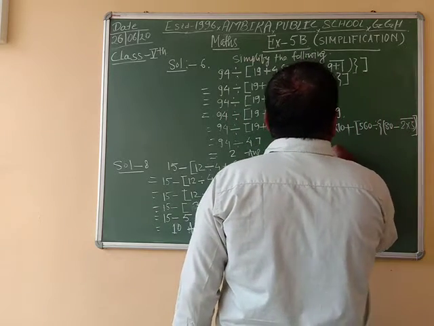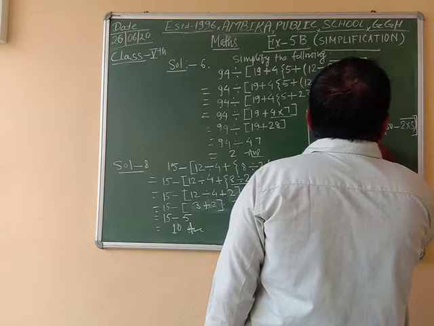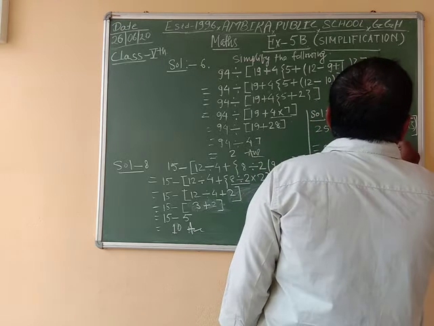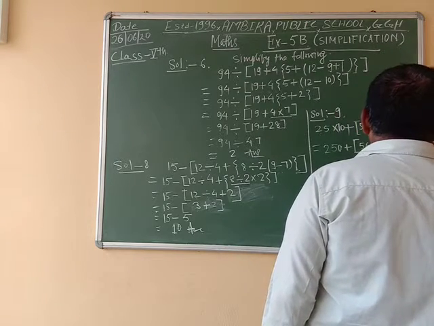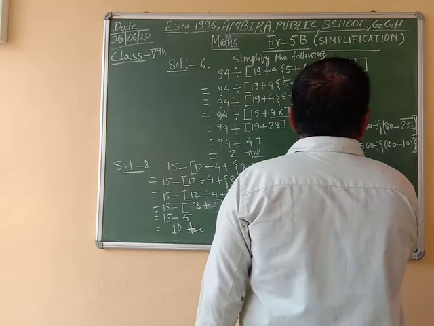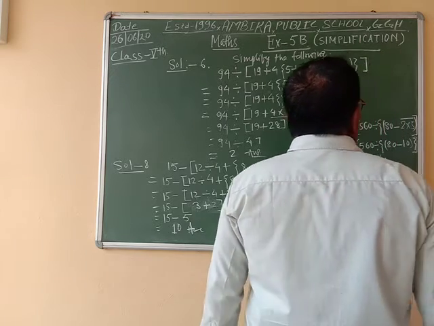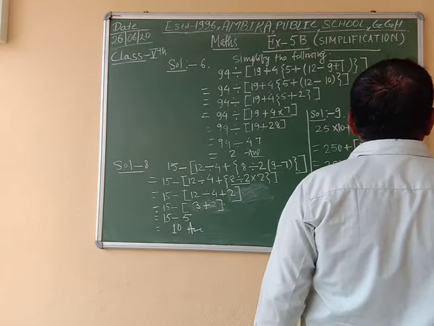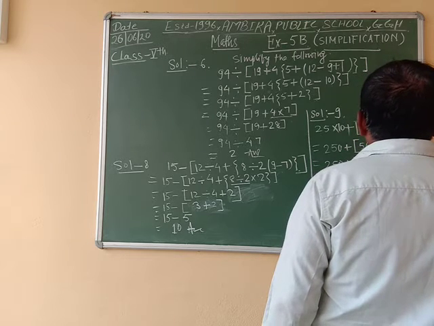25 into 10 is equal to 250 plus 560 divided by 80 minus 2 into 5, which is equal to 10. Is equal to 250 plus 560 divided by, we break the small bracket and middle bracket, 80 minus 10 is equal to 70.